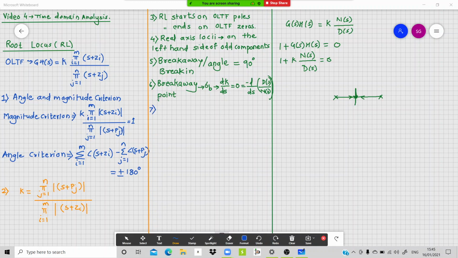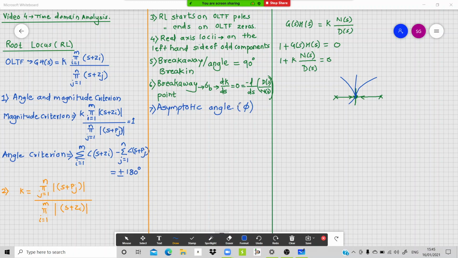Then the seventh one is, when they are breaking, after the break how they are going to leave, whether at 60 or 90 or whatnot. All these angles are called asymptotic angles, denoted by phi: phi 1, phi 2, phi 3.